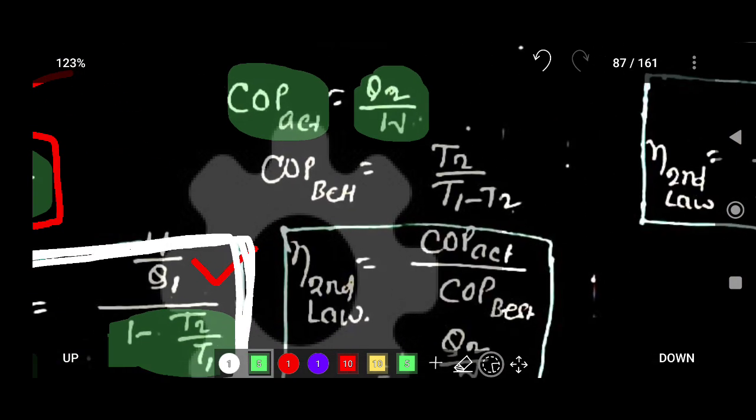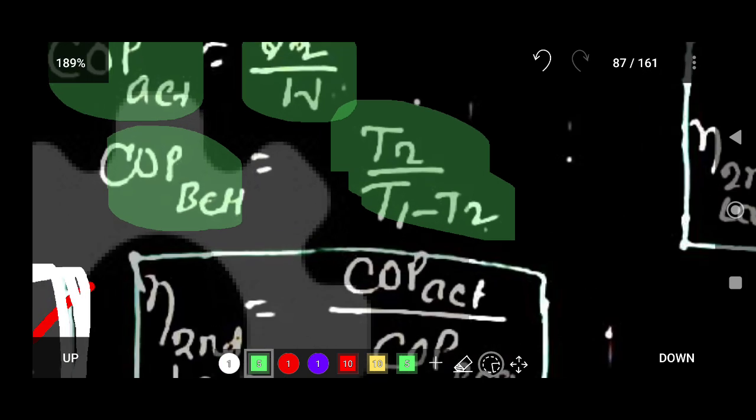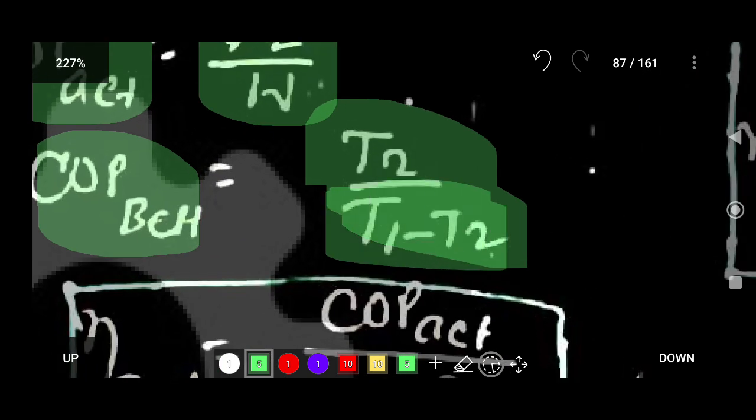If you want to calculate the best efficiency or maximum COP, COP meaning coefficient of performance, that is equal to T2 by T1 minus T2. T2 is the lower temperature and T1 is the higher temperature.